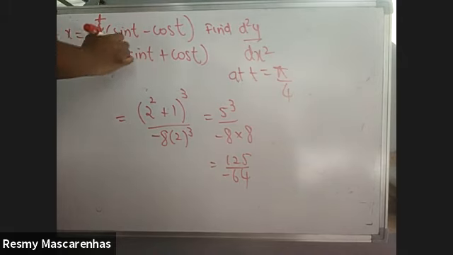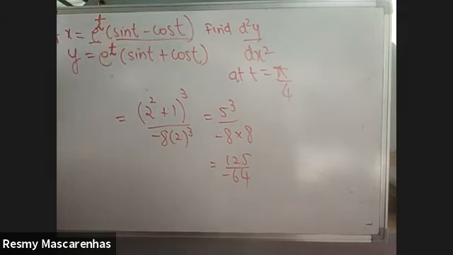This is u, and this is v. It will be the uv rule. u is e raised to t, and v is this. So first, u into derivative of v plus v into derivative of u.